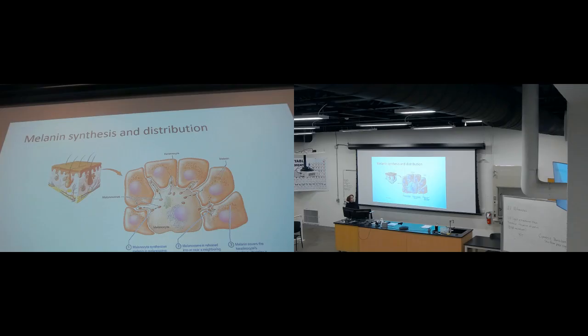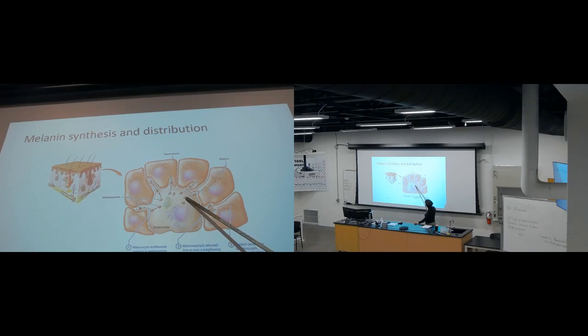So this is how the synthesis of melanin happens. If you magnify the stratum basale part of the skin, you see a melanocyte surrounded by some of these keratinocytes. After this melanocyte produces the melanin, which is a pigment, it will pack it up in little vesicles that we call melanosomes.